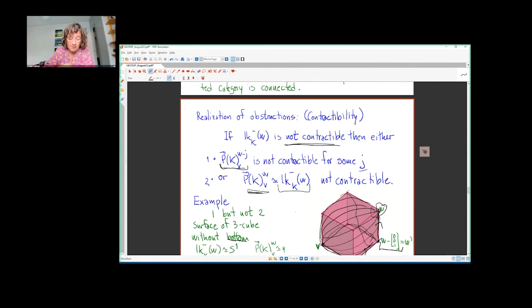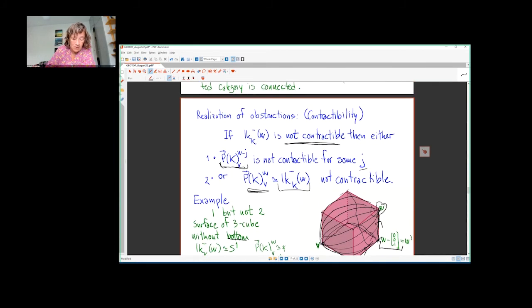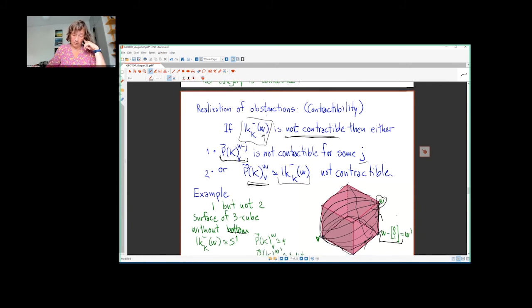So the obstructions are realized, but maybe not at this exact point. I could, of course, have said let this be a minimal vertex where this is not contractible, and then I would have gotten it realized at this W. But just to say that you can have that and have contractible path spaces to there.